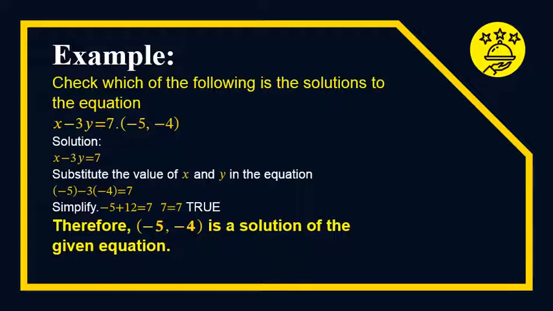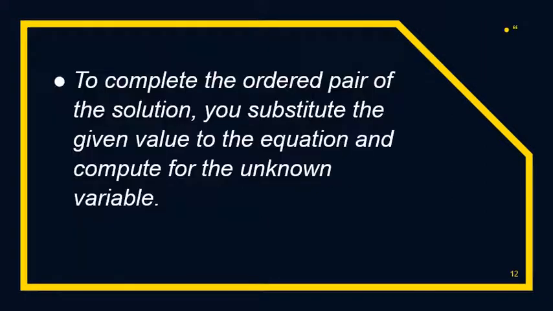That means 7 is equal to 7, which is true. Therefore, (-5, -4) is a solution of the given equation. To complete the ordered pair of the solution, you substitute the given value in the equation and compute for the unknown variable.